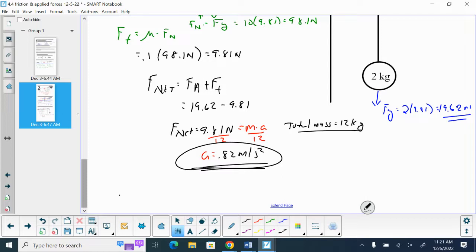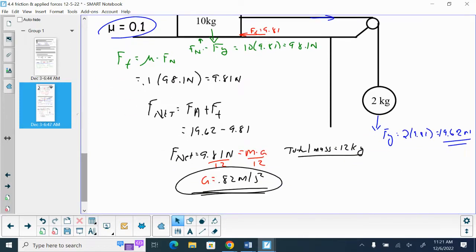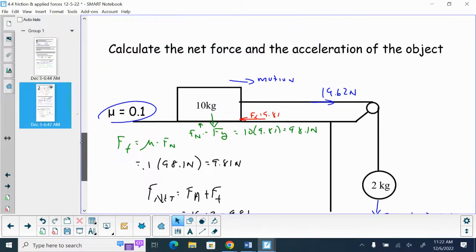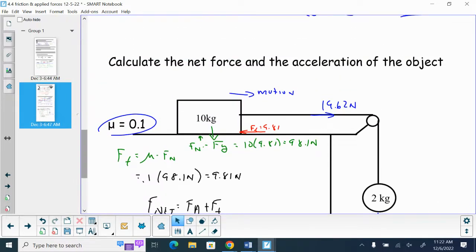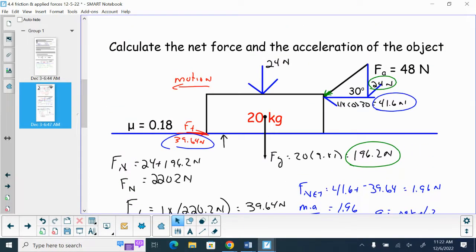Once again, details, little details. You should start to get used to, when I have a combined system, dealing with my total mass. But you're still looking at how do I deal with my force normal? You have different scenarios that could happen with your force normal. Here, this is going to increase your force normal.